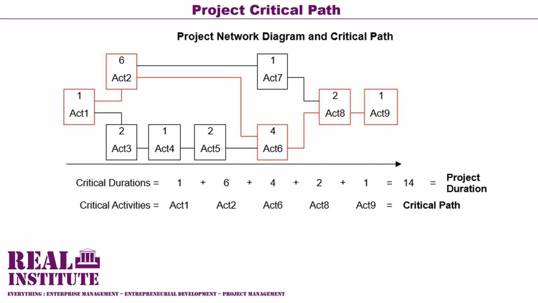Activity 8 cannot start before activity 6 is finished, even though it also has a dependency on activity 7, which can finish earlier than activity 6. Therefore, the activity 6 route is more feasible for activity 8 to start than the activity 7 route.